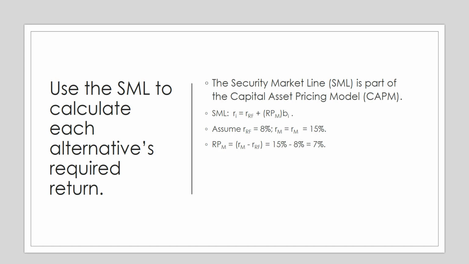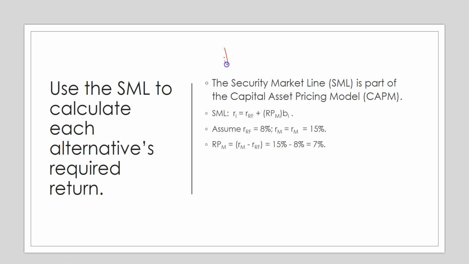We can use the security market line to calculate the required return for a security. To do that, the required return of a security is equal to the risk-free rate of return plus the market risk premium times the beta of the stock. So let's assume that the risk-free rate of return is 8% and the market return is 15%.